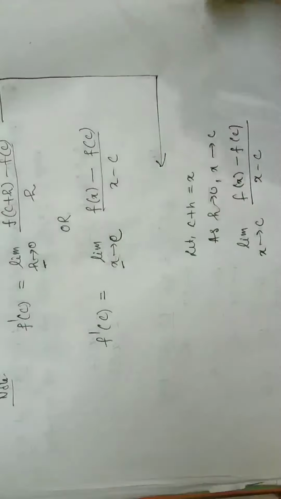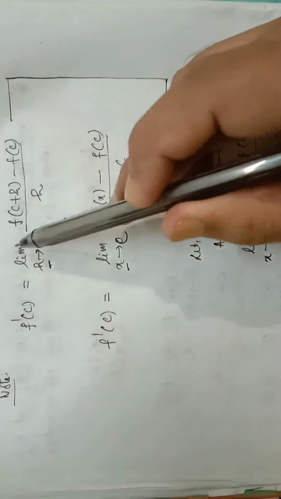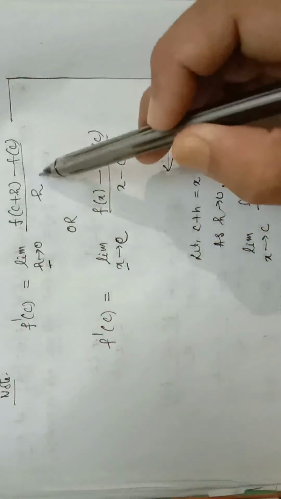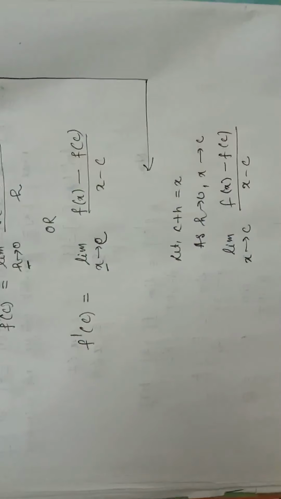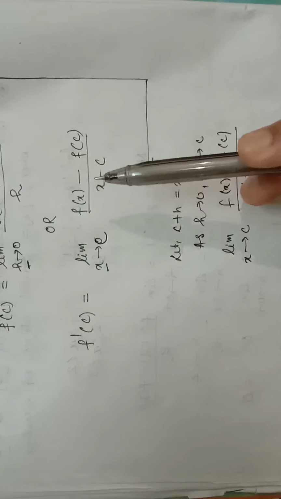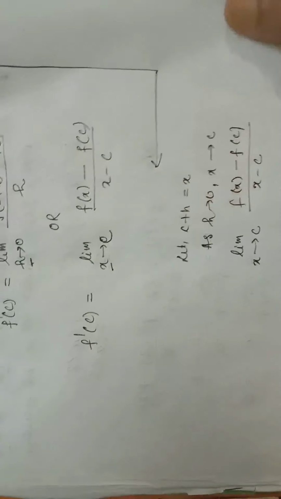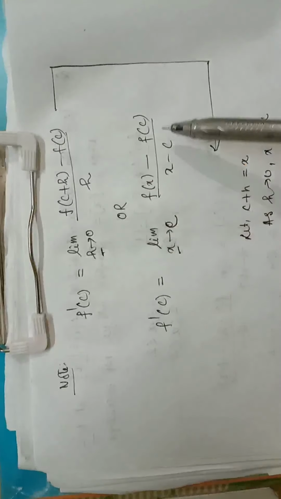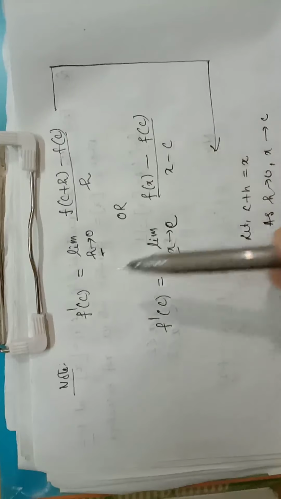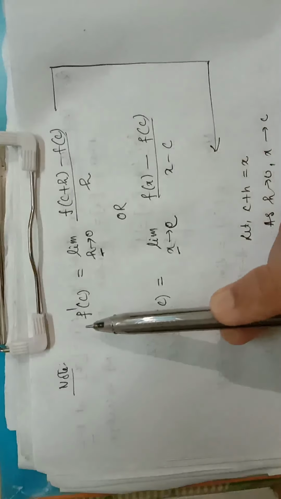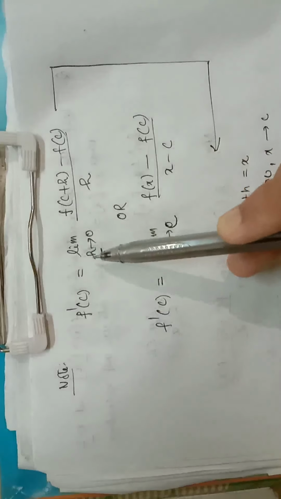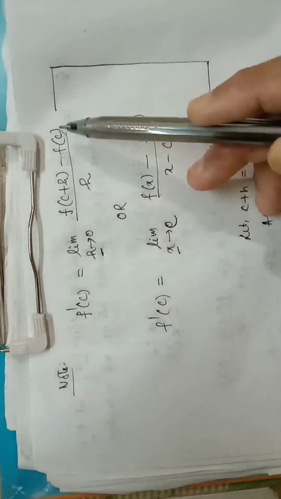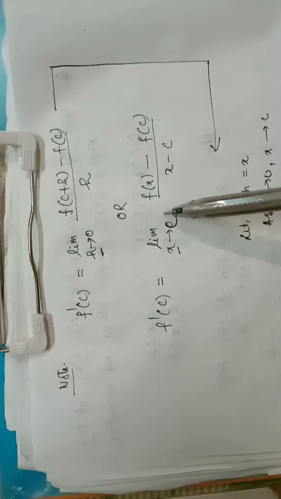So ultimately the limit h tends to 0, f of c plus h minus f of c by h becomes this. So f dash c, we can write this or we can write this. Rf dash c, we can write as limit h tends to 0 plus this, or we can write limit x tends to c plus this.